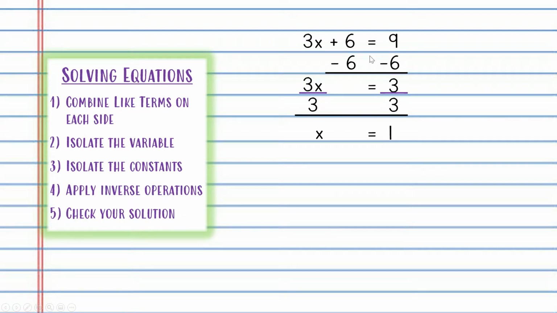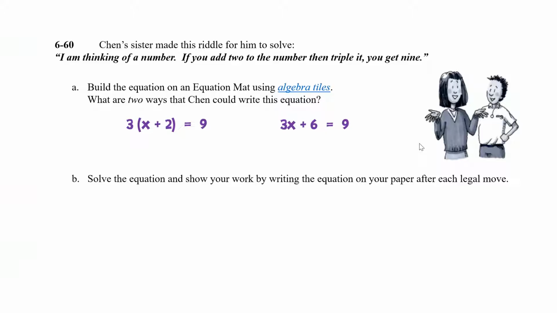So subtracting 6 was a legal move, and dividing by 3 was a legal move. The equations that happen after each of those steps are the equations that I would write down to show my work after each legal move, right? I subtracted 6 and I ended up with this. I divided by 3 and I ended up with this. So that's how you can show your work by writing each step of the equation.